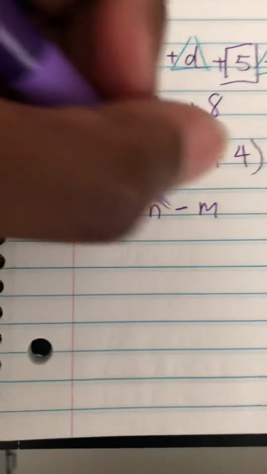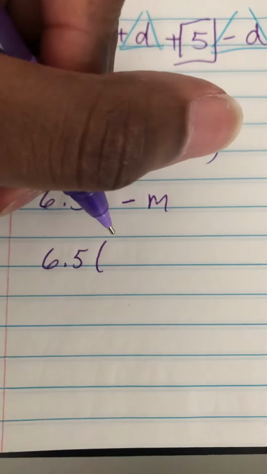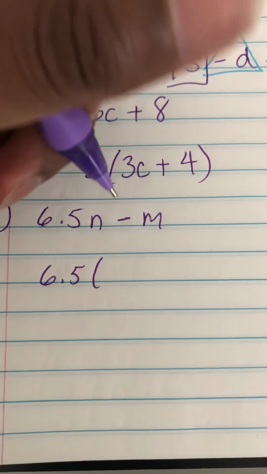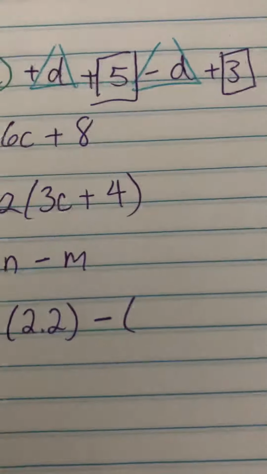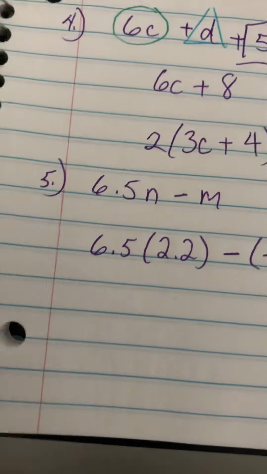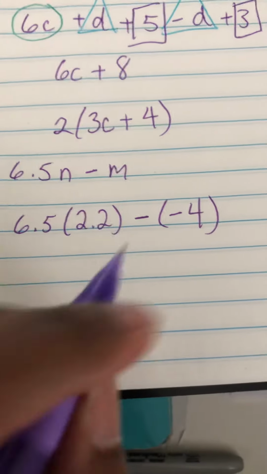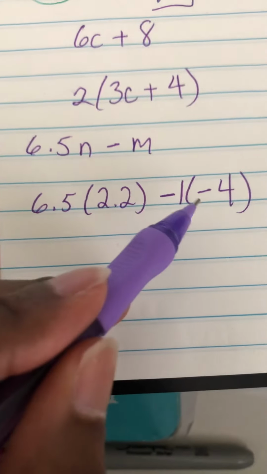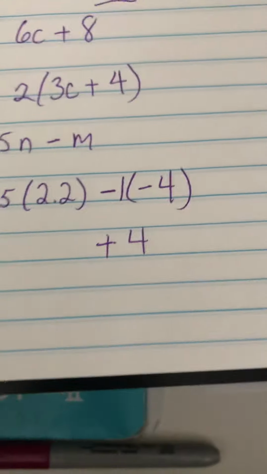Okay, so we rewrite it as 6 5/10 times, and then n is 2.2. Keep our minus sign, put in parentheses the -4. Okay, and remember now that this negative is like saying we have a 1 next to it. So -1 times -4 is going to be +4, so it becomes positive.